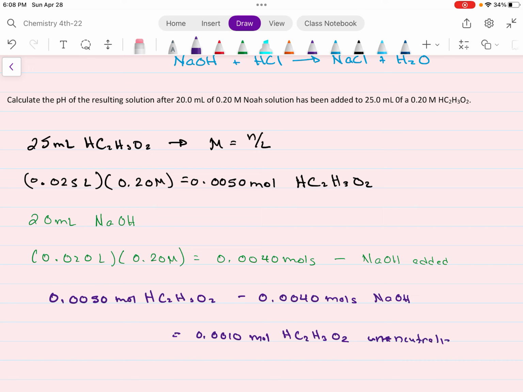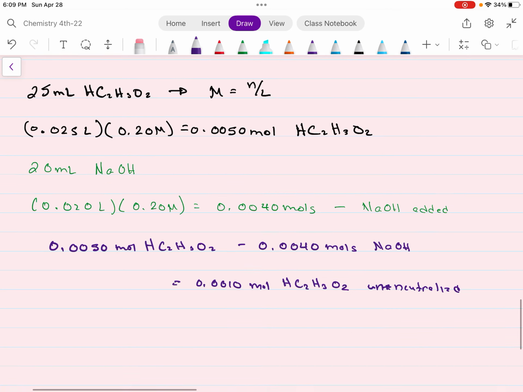Here's the difference between a weak acid and a strong acid. We've neutralized 0.004 moles of acetic acid.